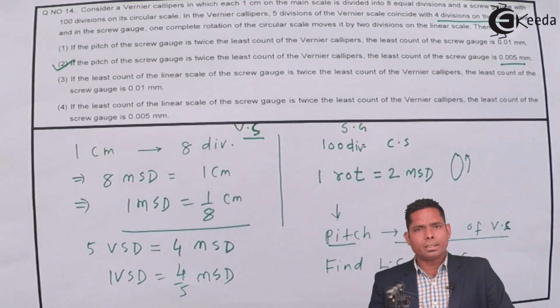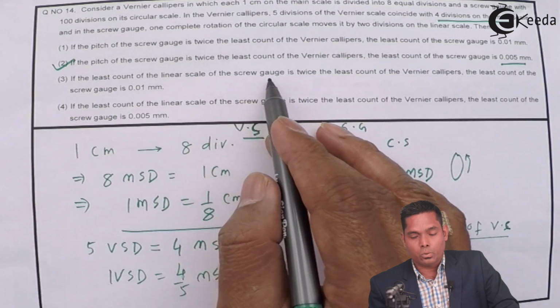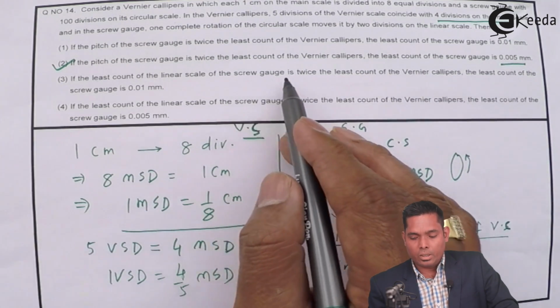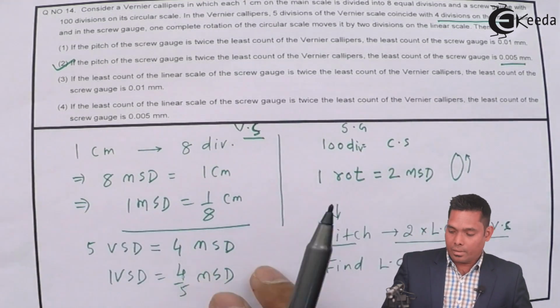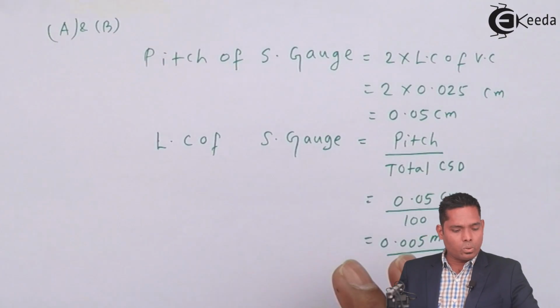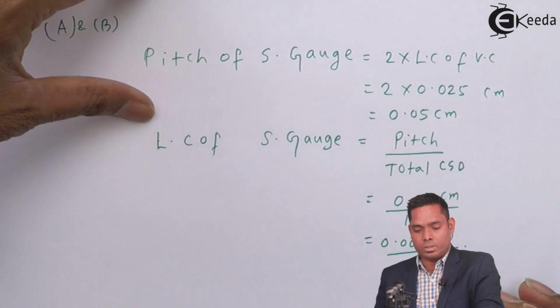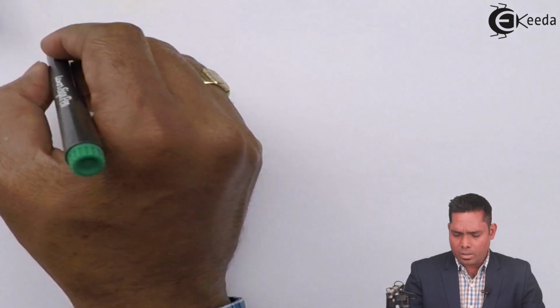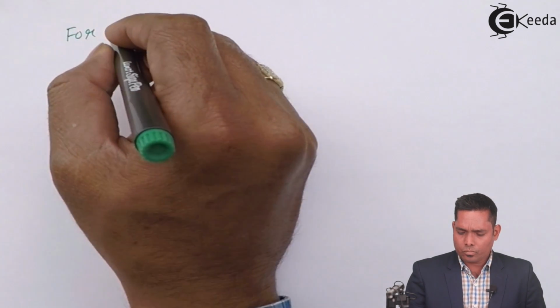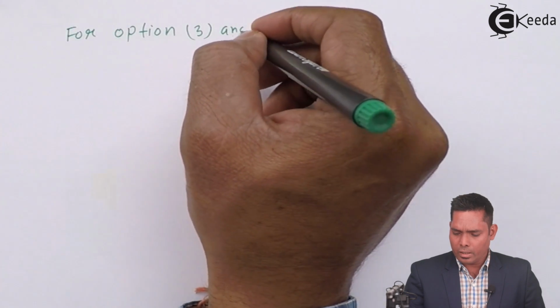He says that if the least count of the linear scale of the screw gauge is twice of that, then what will the least count of the screw gauge be? Then for option C and D, or here it is options 3 and 4.